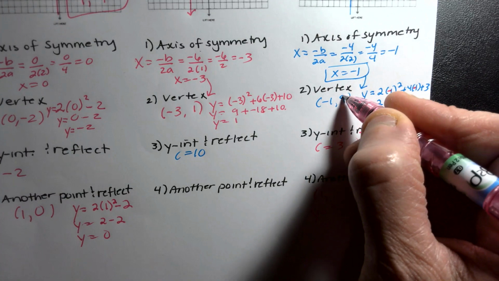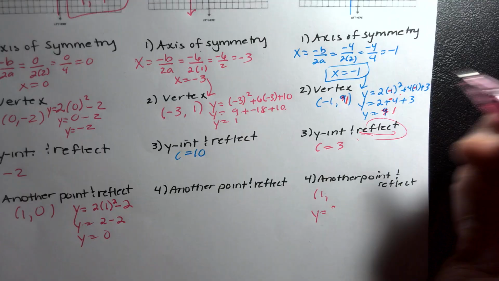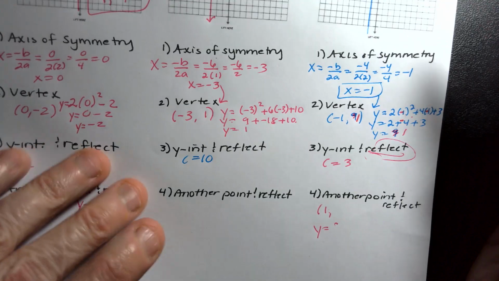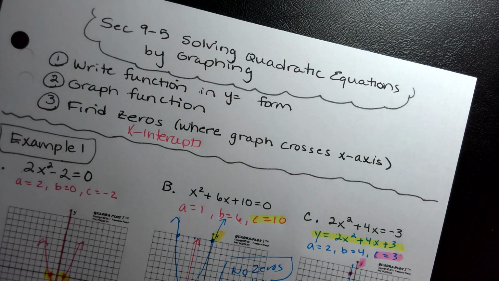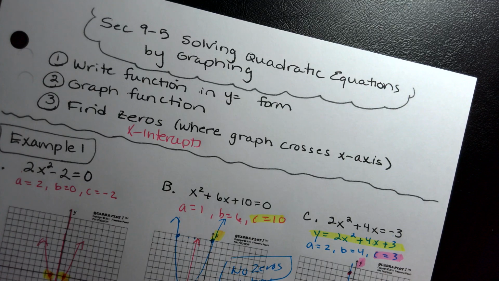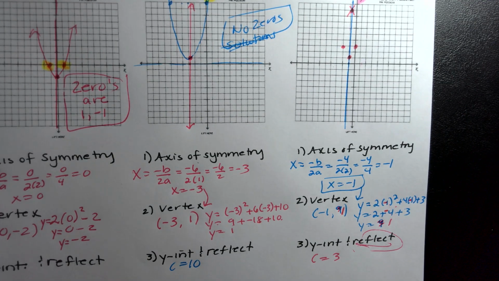Uh-oh. Now we got trouble. Okay, negative 1, 1. Let's adjust this. Negative 1, 1. Oh. Well then. I don't think I need to do any more points after all.